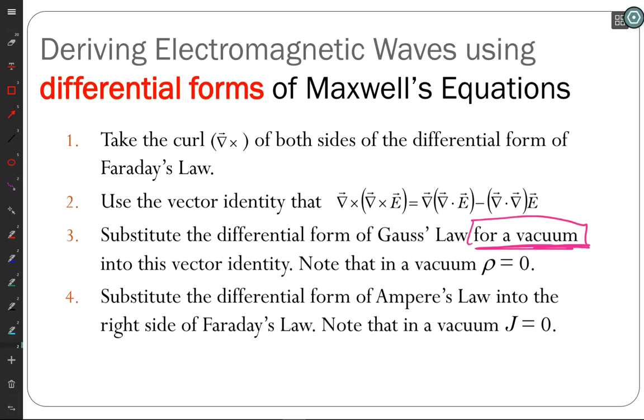In a vacuum, the charge density is 0 and the current density is 0. You don't have any charge floating around if a vacuum means nothing there, and you're not going to have any moving charge, current density, if there's nothing there. And then finally, we substitute the differential form of Ampere's law into the right side of Faraday's law. Boom. So let's do it.